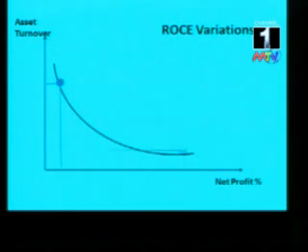And let me mark another dot here towards the latter part of the curve. What is the difference here? This company has a high net profit percentage and a very low asset turnover.